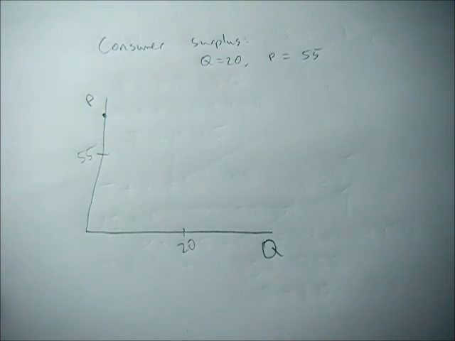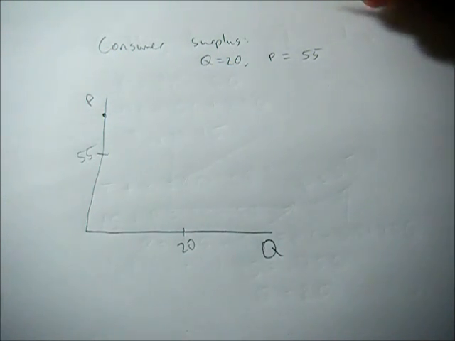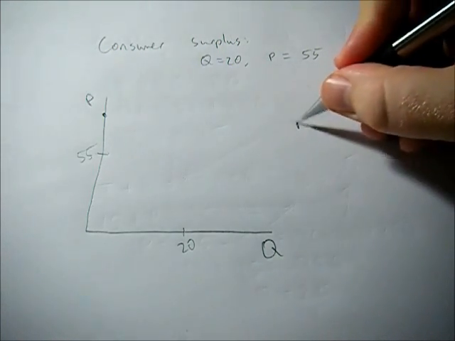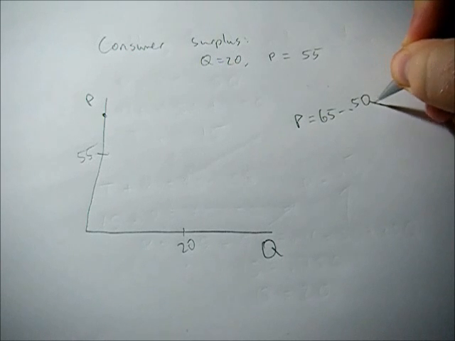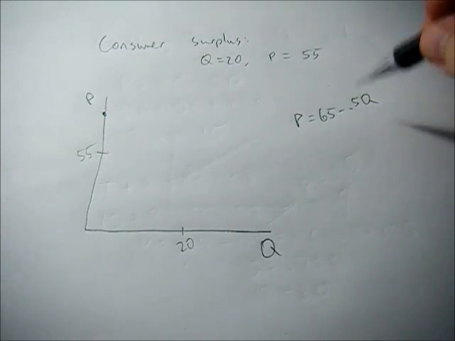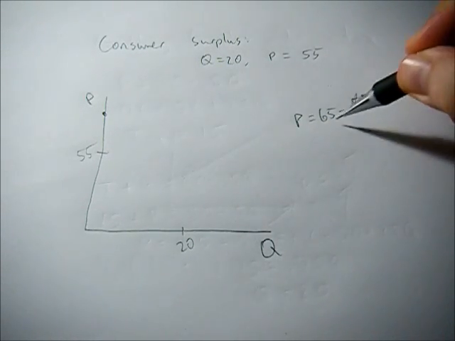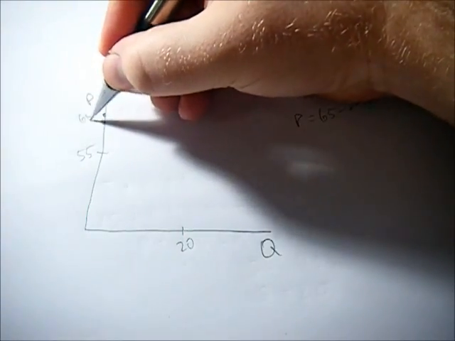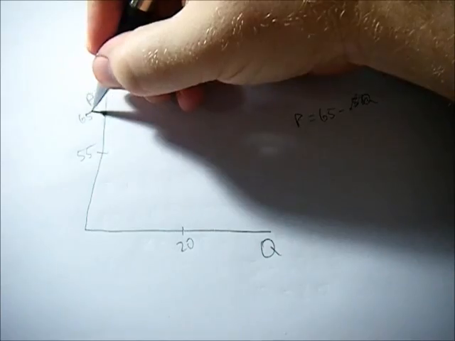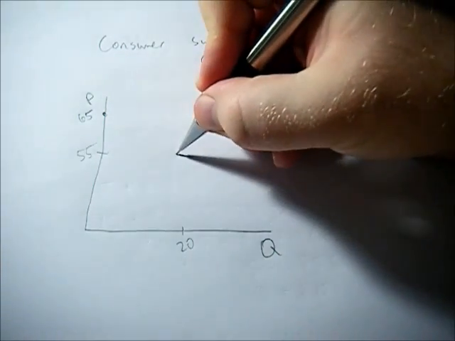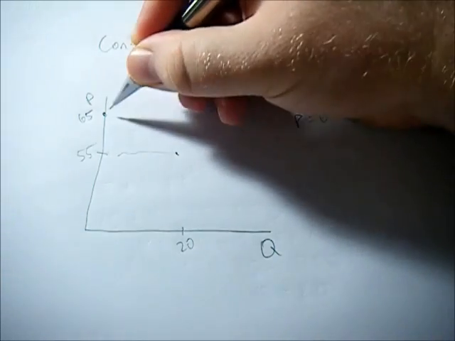Well, we had our inverse demand function from before. I don't know if you remember, but it was p equals 65 minus 0.5q. So when q equals 0, p is 65, so we're going to intersect there at 65. This is our equilibrium.